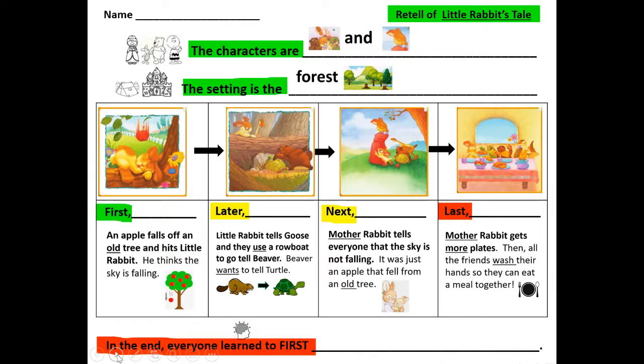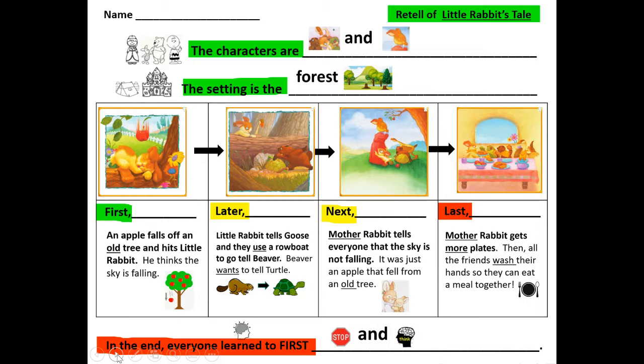So in the end, everyone learned to what? What do you first need to do before just reacting to something? In the end, everyone learned to first stop and think. Little Rabbit didn't take time to stop and think.